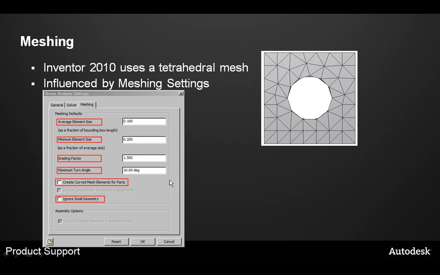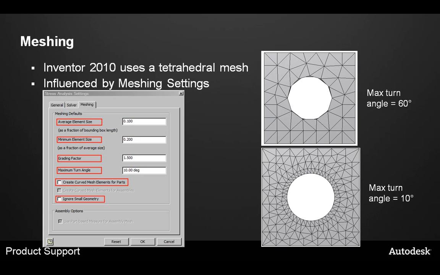So what's the effect of changing the maximum turn angle? Well, the best I can show you is by saying that the maximum turn angle in this case on the right is 60 degrees. This is a combination of a circle on the inside and a rectangular shape on the outside.